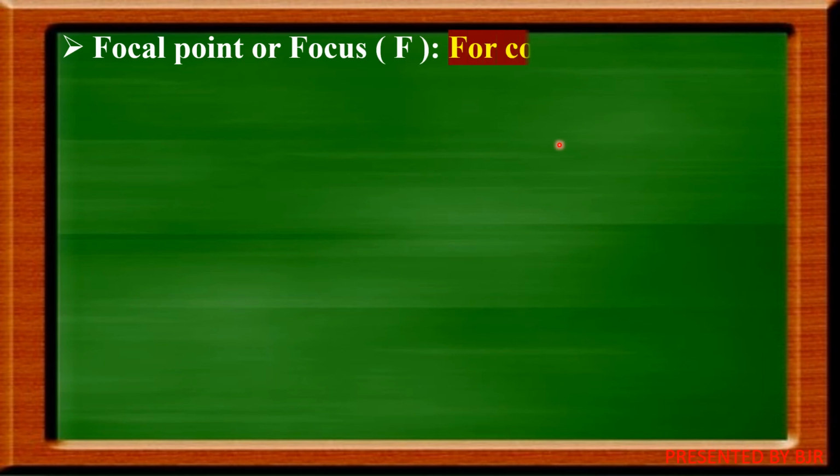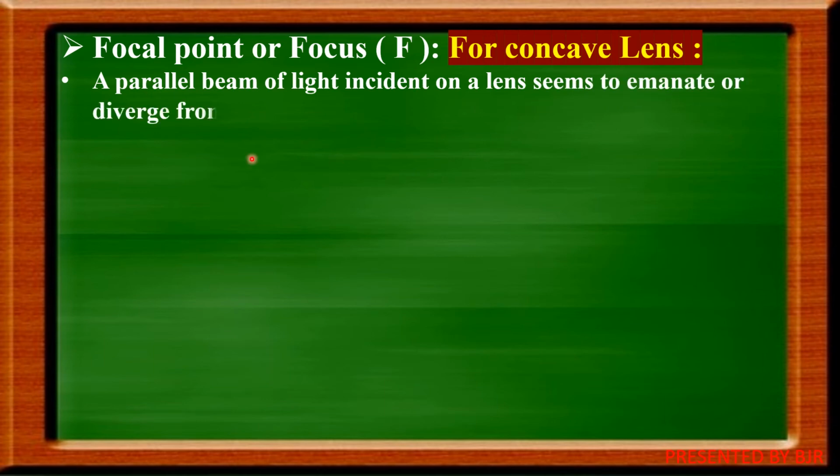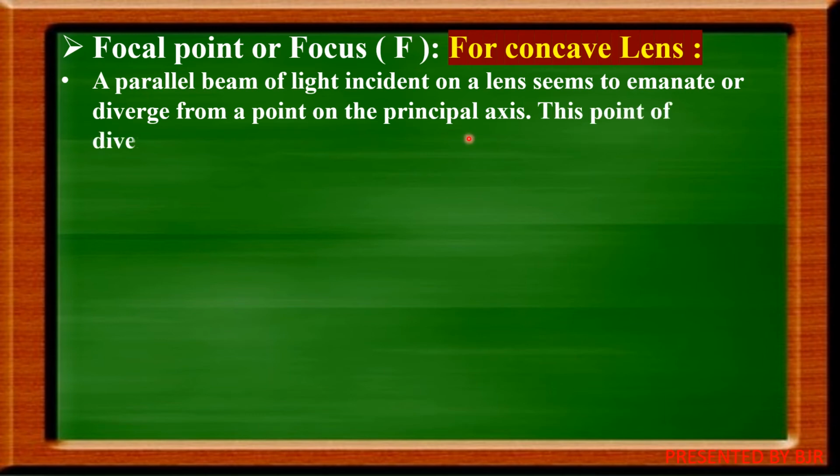Let us see here. For a concave lens, a parallel beam of light incident on a lens seems to emanate or diverge from a point on the principal axis. This point of divergence is called the focal point.